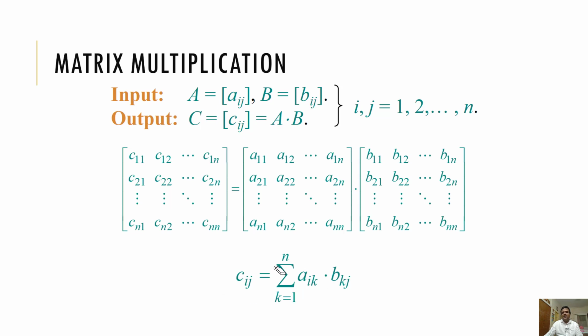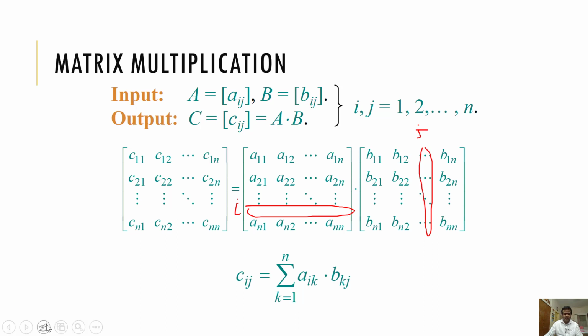Now Cij is the ith row of A, which is ai1, ai2, ain, and the jth column of B. If you recall the definition of matrix multiplication, it is the inner product between these two.